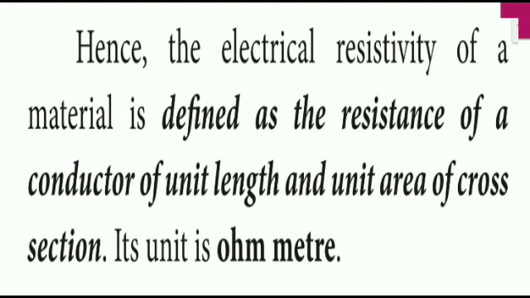The unit length is L and area of cross section is A. This is what electrical resistivity is. Its unit is ohm meter; ohm is the symbol and m is meter.